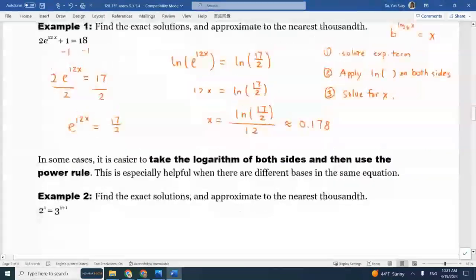All right. And then in some cases, it's easier to take a log of both sides and then use the power rule. This is especially helpful when there are different bases in the same question. So here, in this exponential function, the base is e. Do you see this example too? The base is 2 and 3, not e, right, everybody?